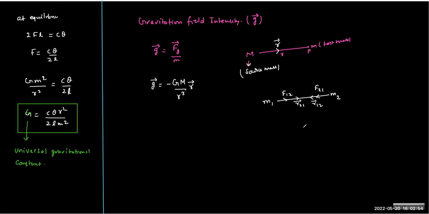So F12 and R21 are in the same direction, so we can say F12 is parallel to R21, correct?